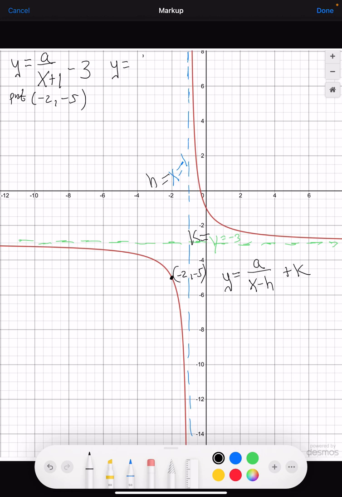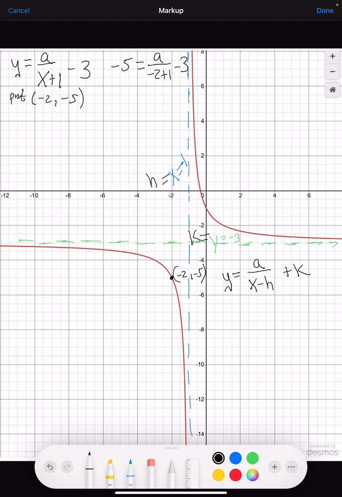Oh, I don't want to put y, I want to put the value that I have. So -5 is equal to a over -2 plus 1 minus 3.